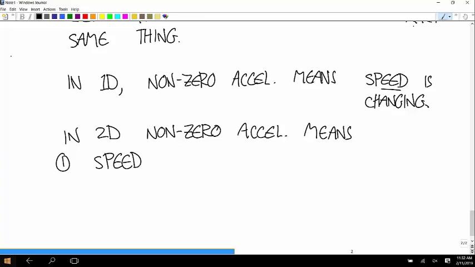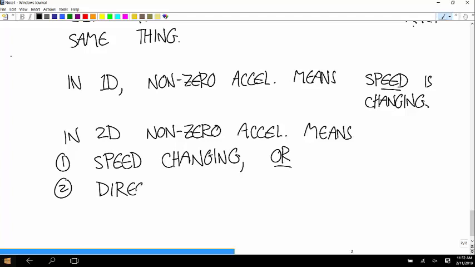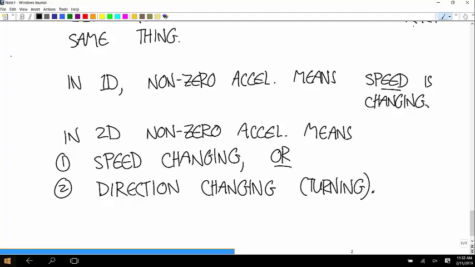That can still happen. Or the direction is changing. In other words, the object is turning. There's no such thing as turning in 1D.